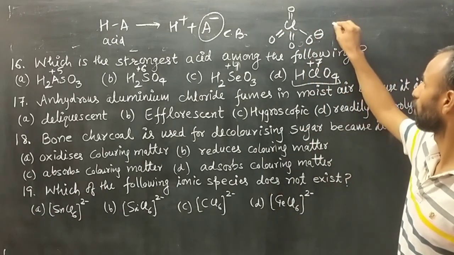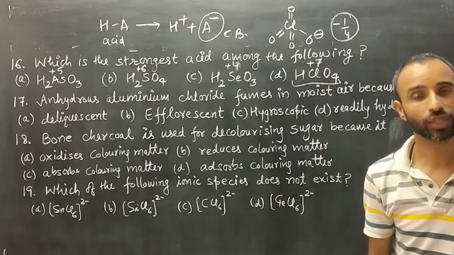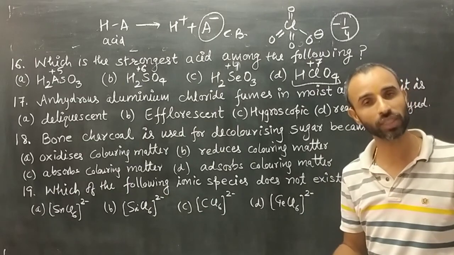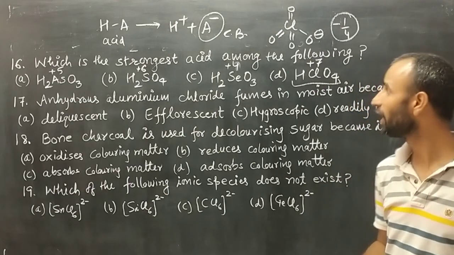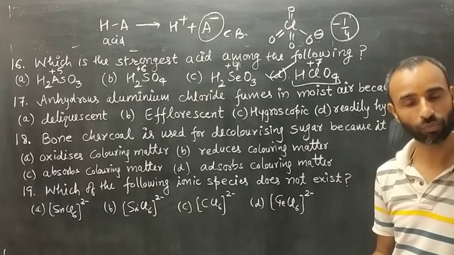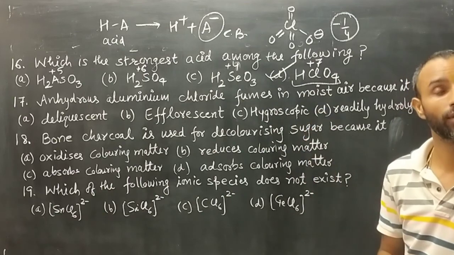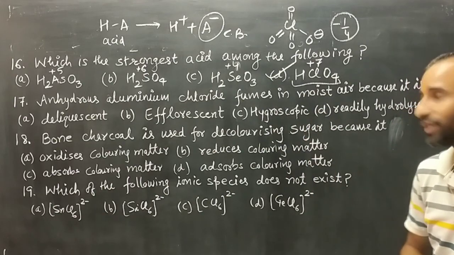So due to delocalization of negative charge, there is minus 1 by 4 charge on each oxygen. And that's why this is the most acidic, or we can say the strongest acid among these acids, right? Okay.